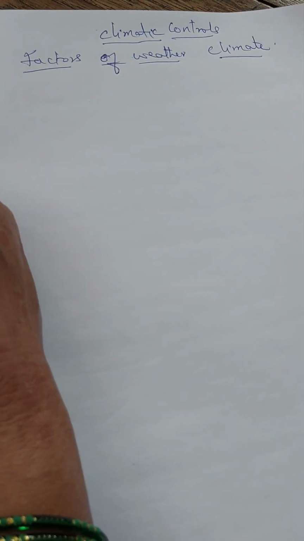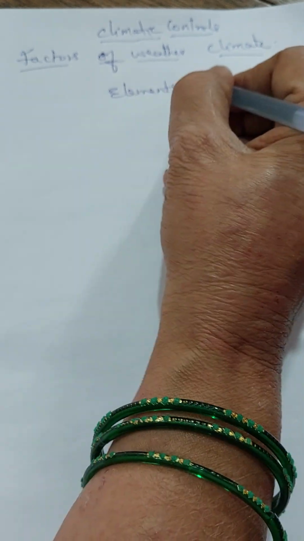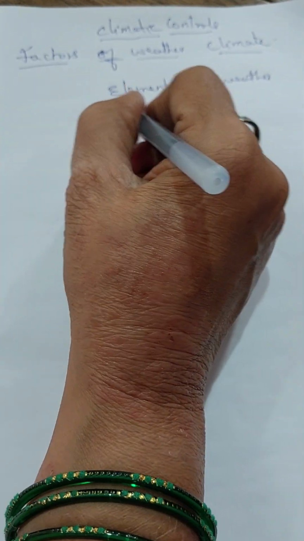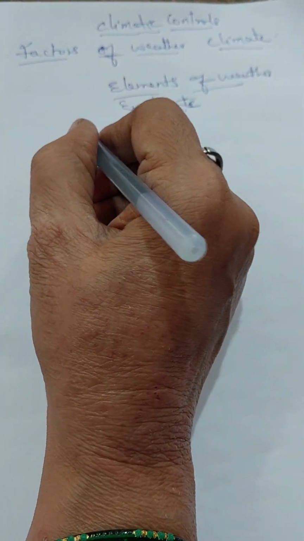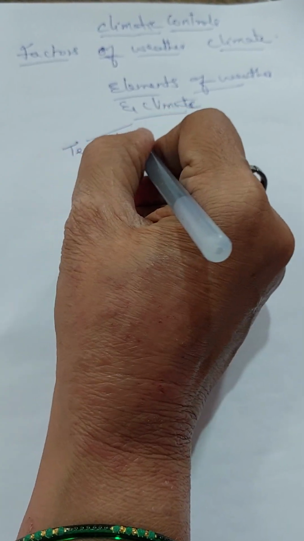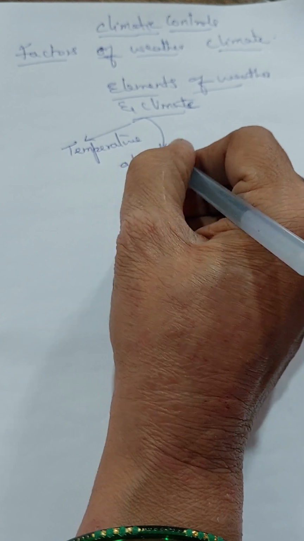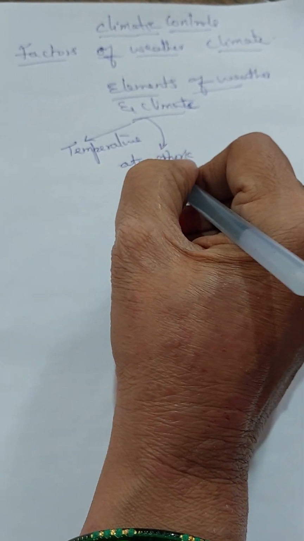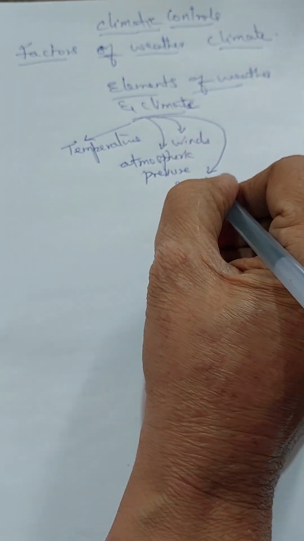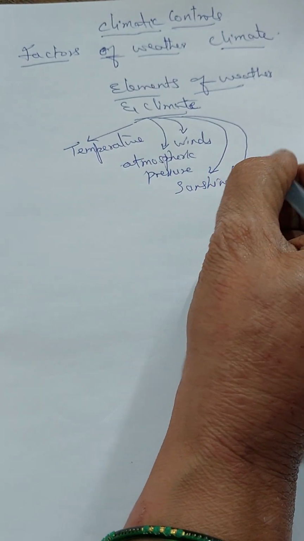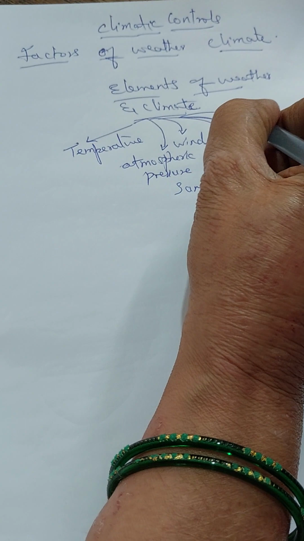But before that, we should understand different terms. First, we'll see what are the elements of weather and climate, children. The elements are temperature, atmospheric pressure, winds, sunshine, clouds, humidity, and precipitation.